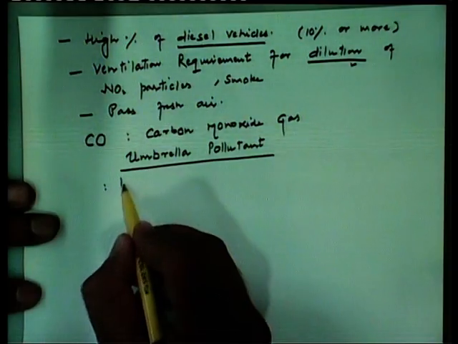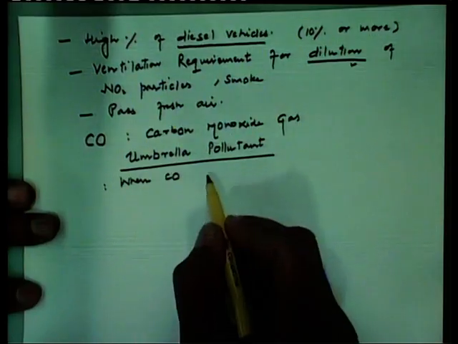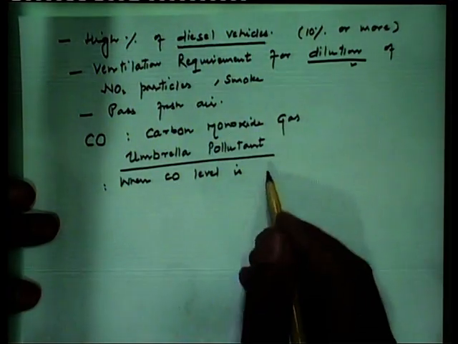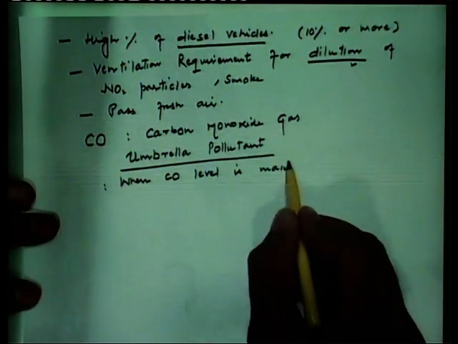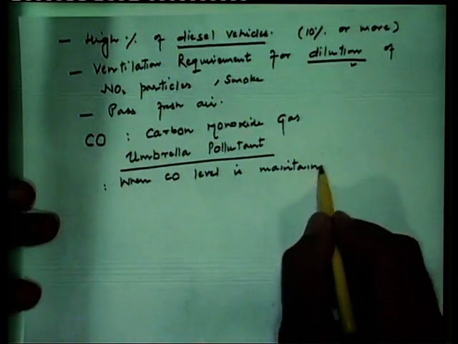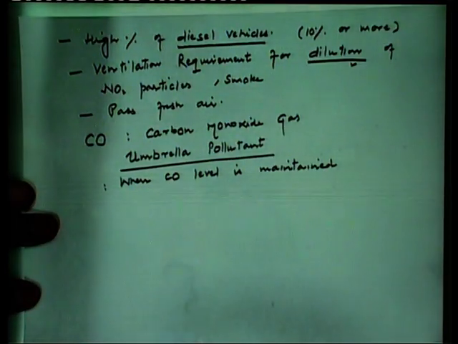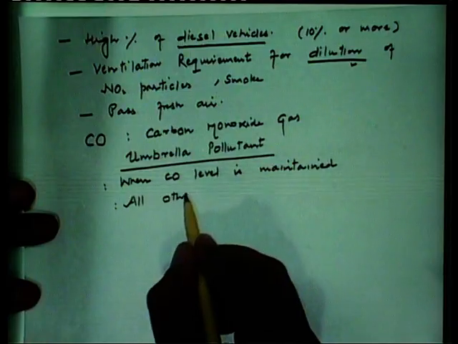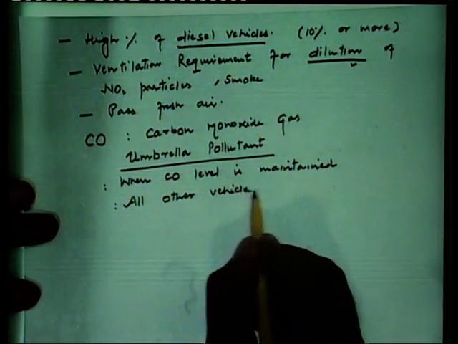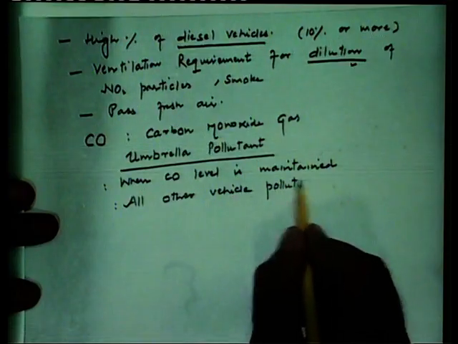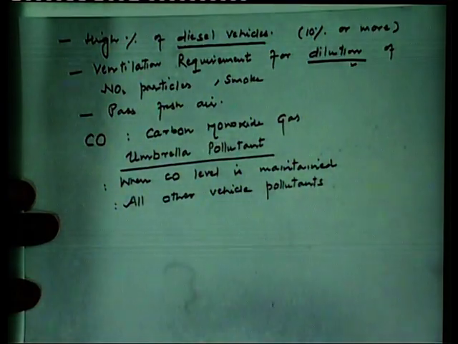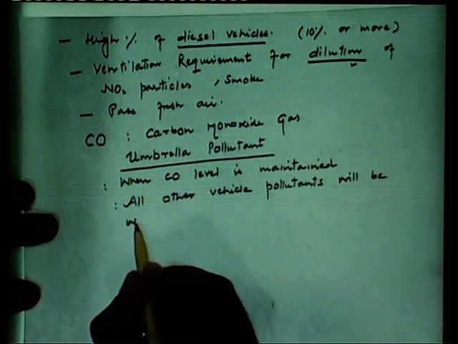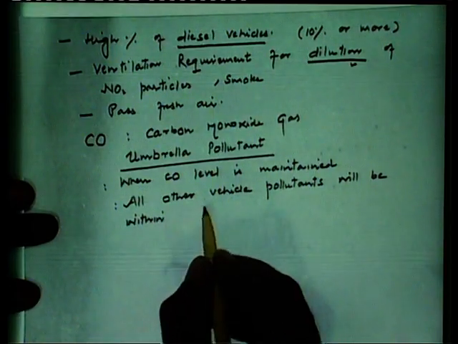It means that when the carbon monoxide level is maintained in the road tunnel, all other vehicle pollutants will be within the appropriate limits. So, carbon monoxide is an umbrella pollutant.